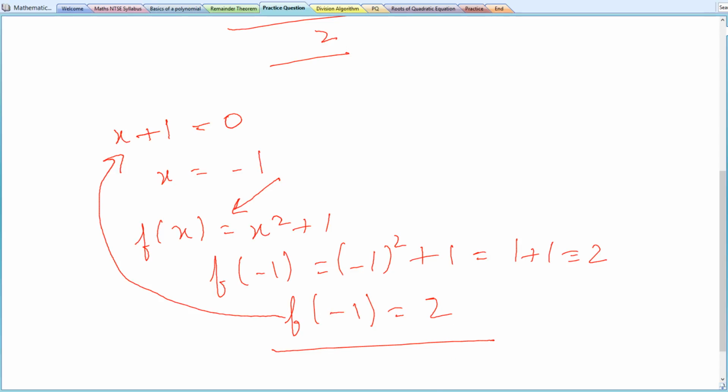So any doubts in the remainder theorem? Is it clear? समझ आया सबको?